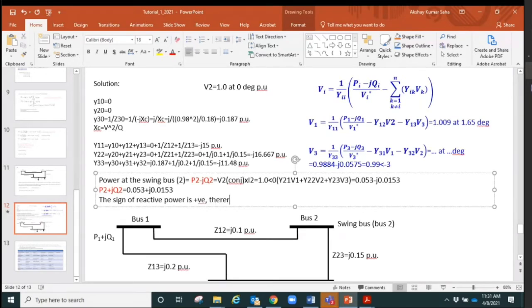Therefore, the swing bus is lagging, which is the normal case. You need to go back to P2 plus JQ2, the conventional form, changing the sign, and then look at the sign of Q2, which is positive here, and as it is positive, it's supplying the active power, so it's lagging.